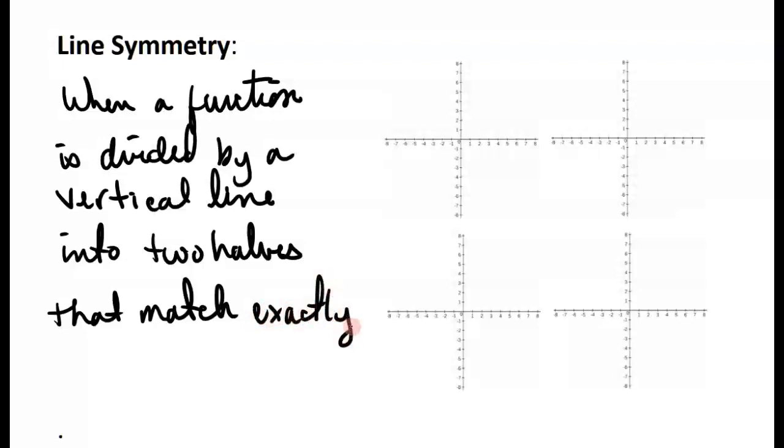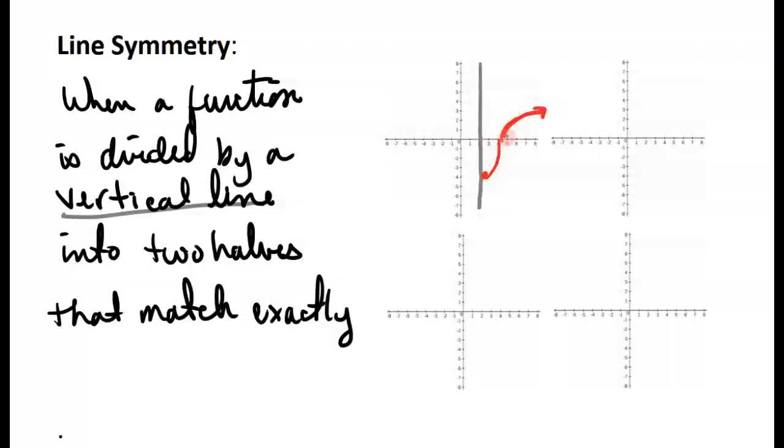Okay, if I wanted to draw a line with line symmetry, first I want to know, where is my vertical line, that vertical line that splits it in half. So maybe this will be my vertical line. Okay, and then if my graph did something like, okay, -4, and then goes up through here, and then maybe comes out like this.